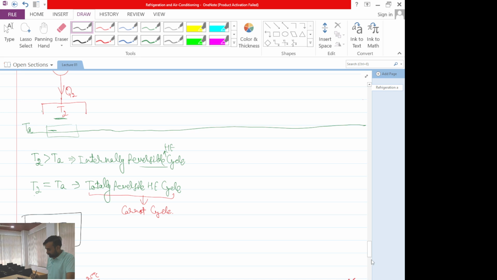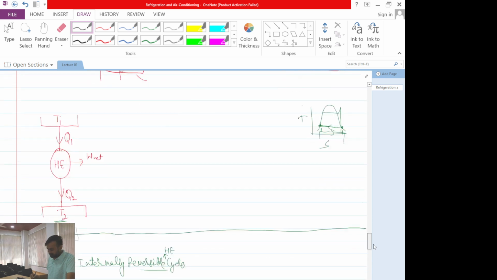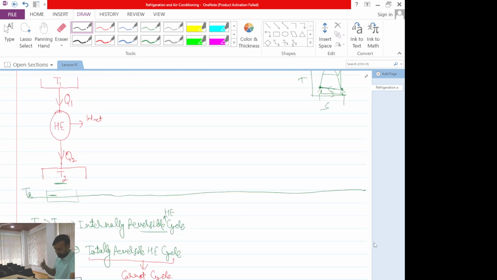Fine. Now, what was the other device which we typically study with the second law of thermodynamics? The other device we study is the refrigerator, where the task of the refrigerator is to cool a substance below the surrounding.